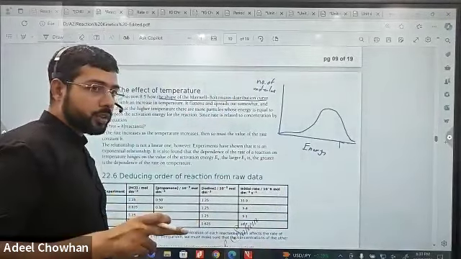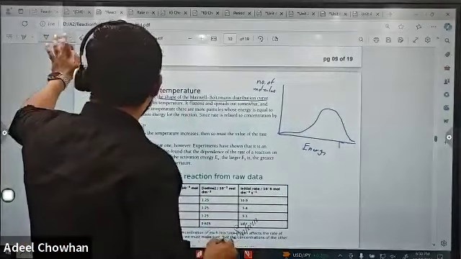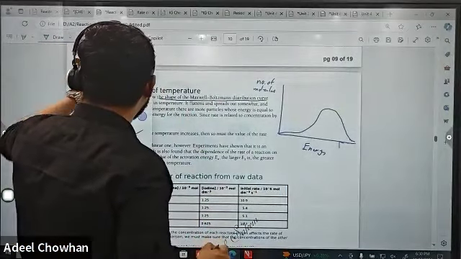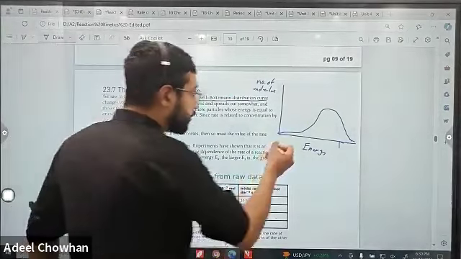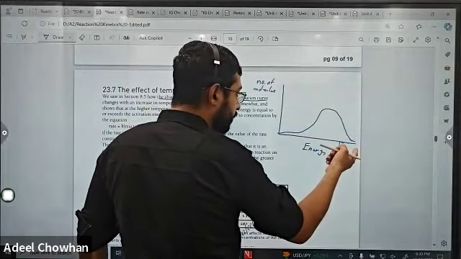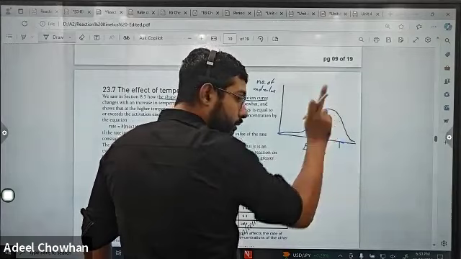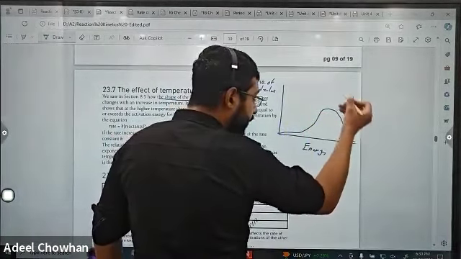So we also studied in AS that when we increase the temperature, what change do you observe for this curve? It will come down. Right, exactly. The peak will shift to the right and it will be lower.